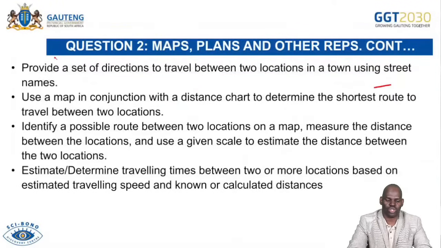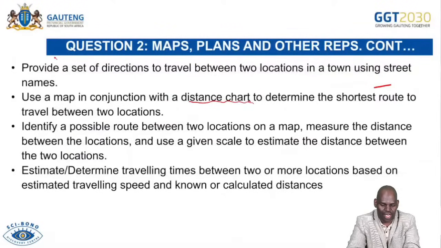Okay, and then still on question 2 about maps and plans, you must be able to provide a set of directions to travel between two locations. You must be able to explain the direction, that is obvious. And then you must be able to use a map in conjunction with a distance chart. Now, a distance chart we will come to in an example later on.